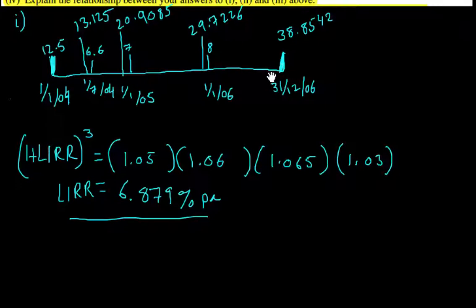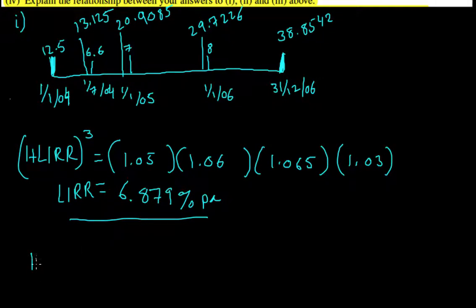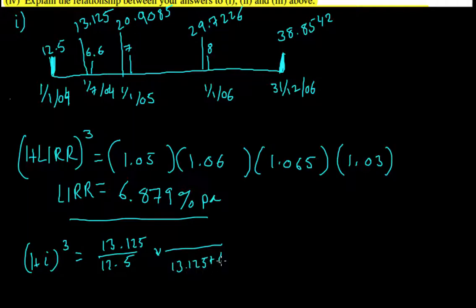And now we can work out a time-weighted rate of return. So 1 plus i to the power of 3 is equal to, first we started with 12.5, and that's turned into 13.125. We multiply by that, and we started with 13.125. We get to add 6.6, and that's going to turn into 20.9085.